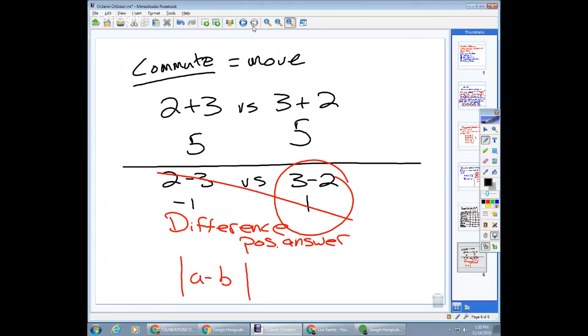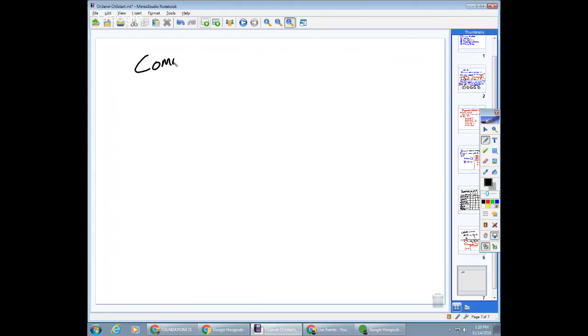Let's see, new page. To commute 2 times 3 versus 3 times 2. What's a model for multiplication, somebody?